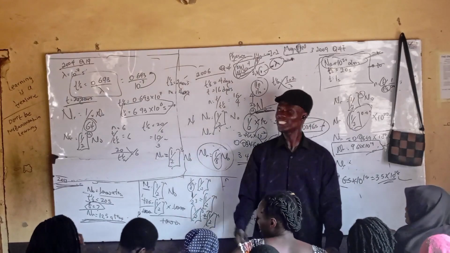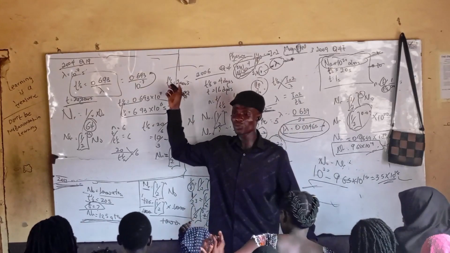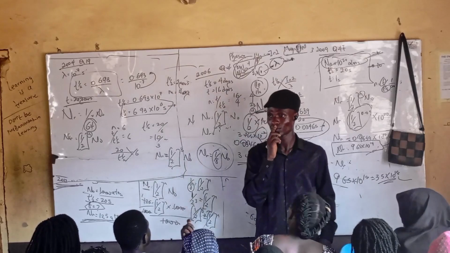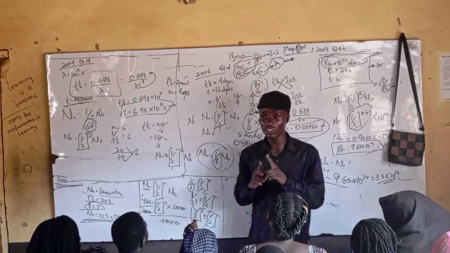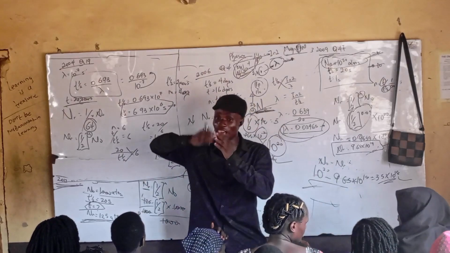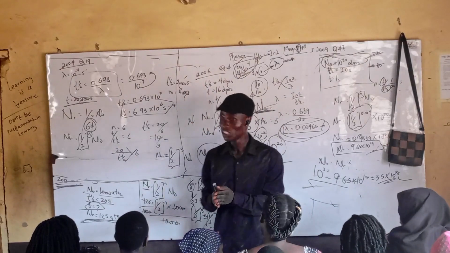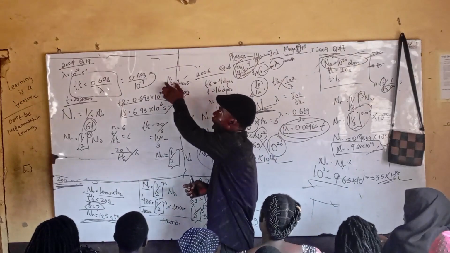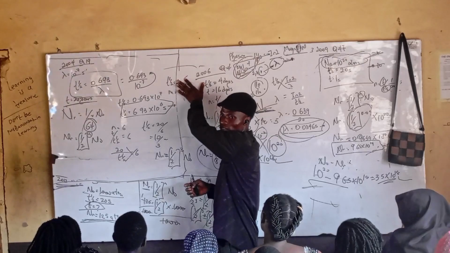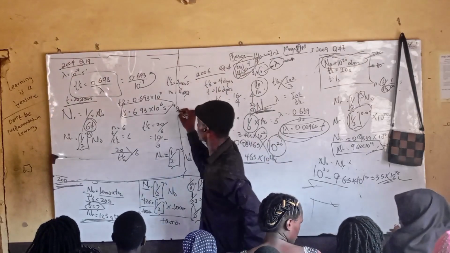Now look at it. When the initial mass is 40 grams, after 2 years, how much is left? You know I told you half-life means the time you use to reach half. Yes or no? Yes. So the initial is 40 grams. How many will remain after 2 years? 20. Yes or no? Yes. So after 2 years, it is 20 grams.